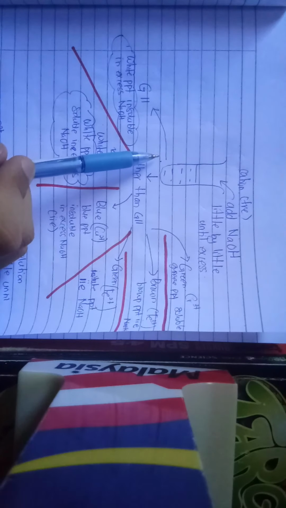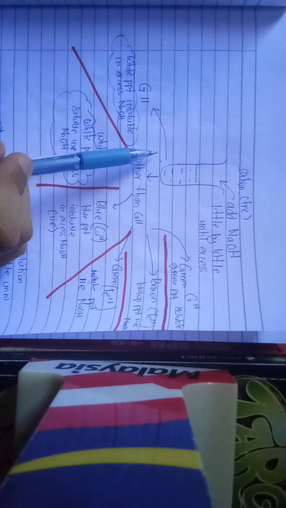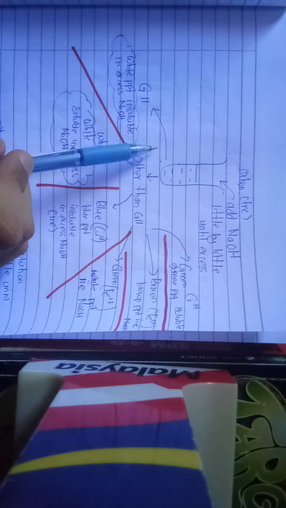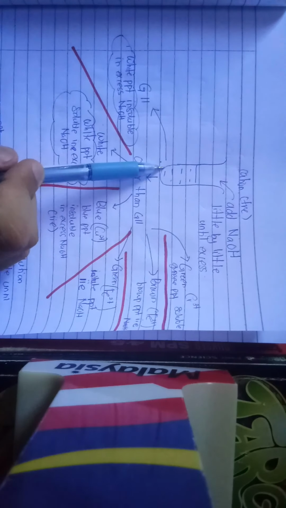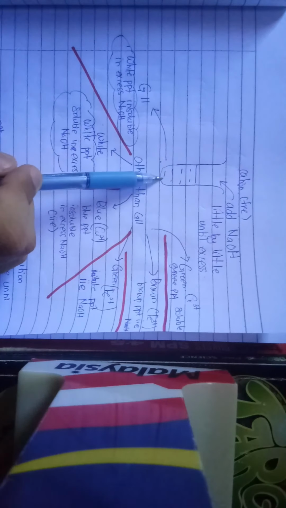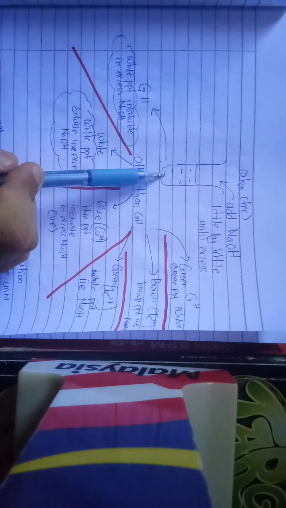But if you put more or excess sodium hydroxide, they still form the white precipitate. They will not dissolve in excess NaOH. So you will see a precipitate that settles at the bottom of the test tube with the white color. Okay, group 2 is white color.